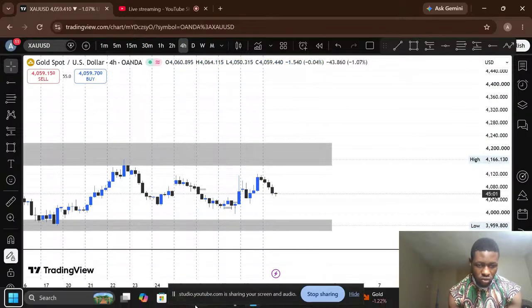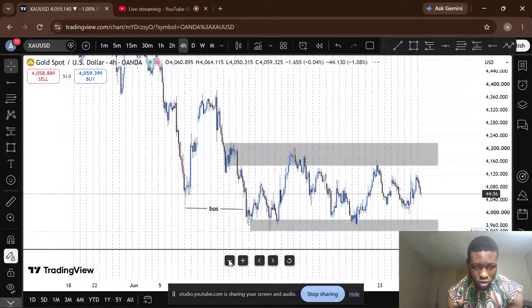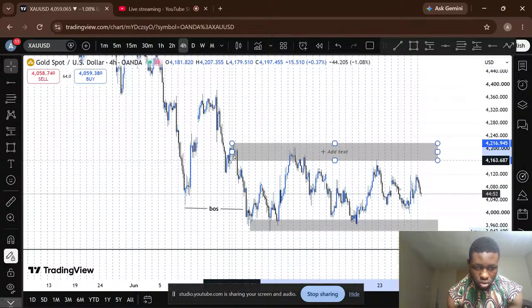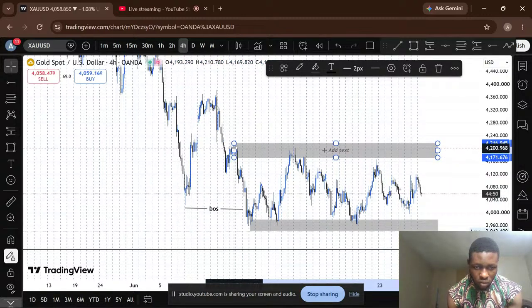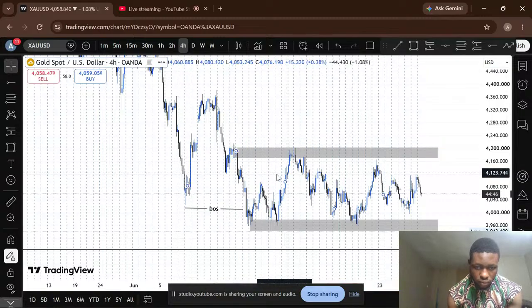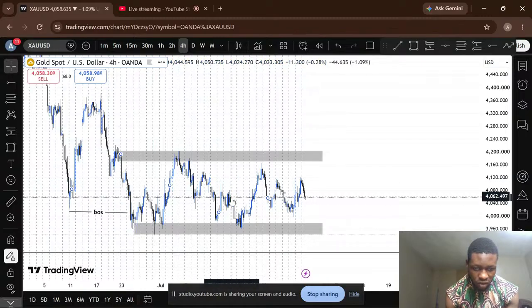How are we going to navigate the whole thing? Move to the 4 hours, the lower time frame, to know exactly what you are going to do. At this point, we are going to refine this other block to see what really happened here. This is where price came and reacted off and started selling again, right?